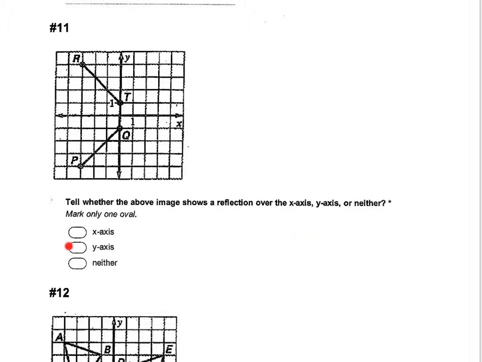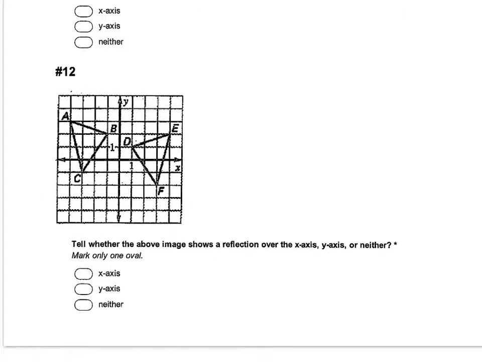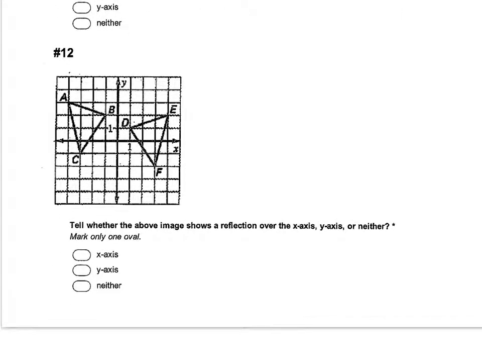So right here's your original, or this one, doesn't really matter, but is this a reflection? And if it is, is it over the x-axis, y-axis, or is it neither? Number 12, same thing. Which axis is it flipped over?